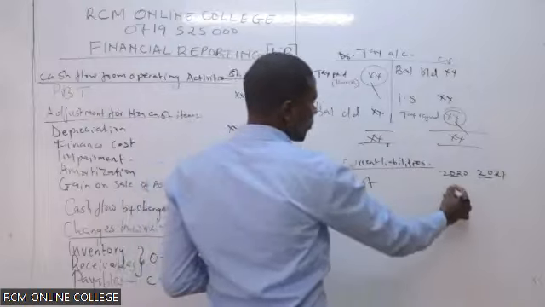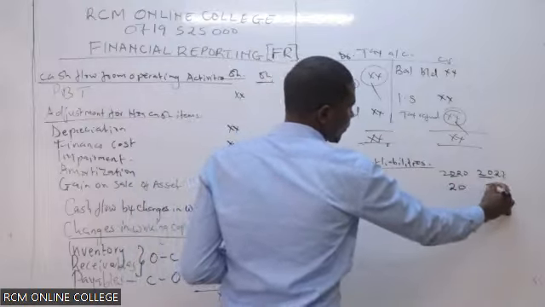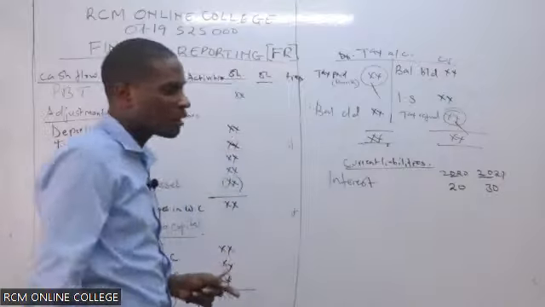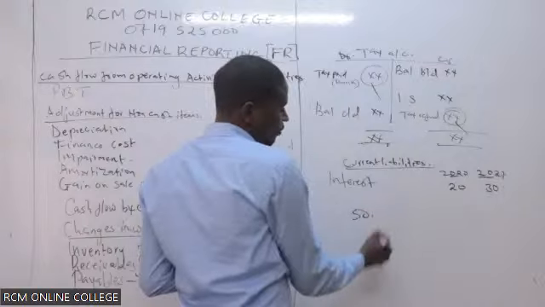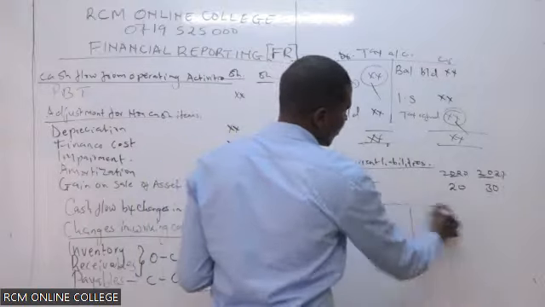See? So umepewa maybe interest hapa 20, hapa ni 30. Naona? Alafu kwa income statement umeambiwa finance cost ni ngapi? Maybe ni 50. You have to come and adjust this so that you get the actual.